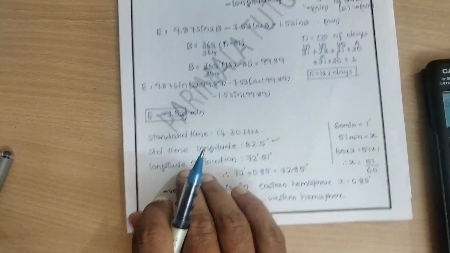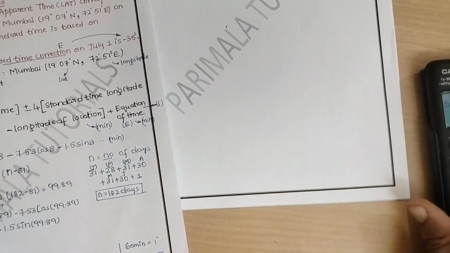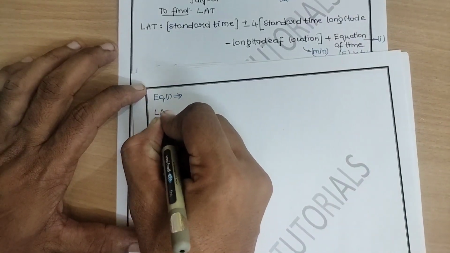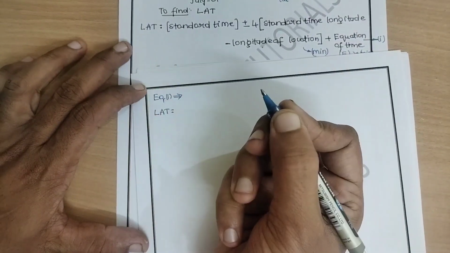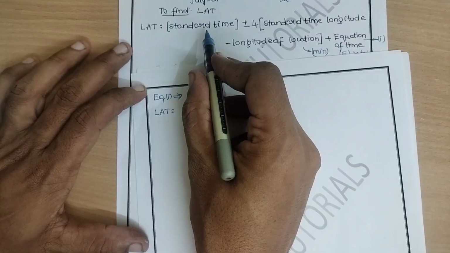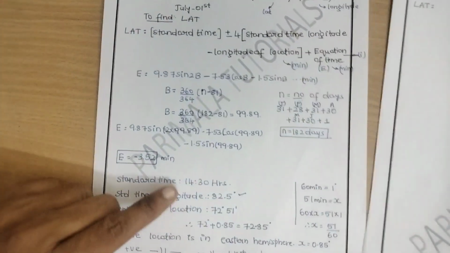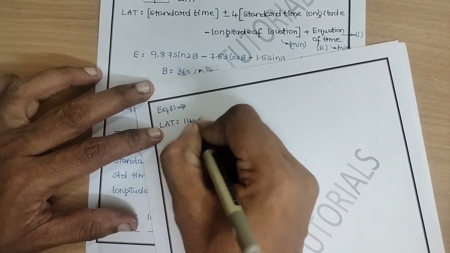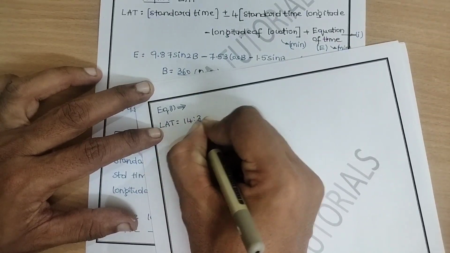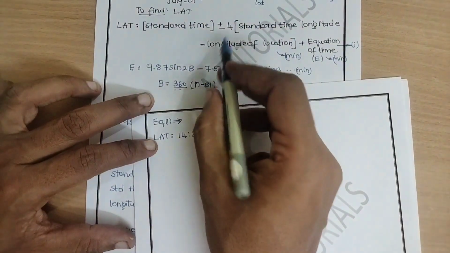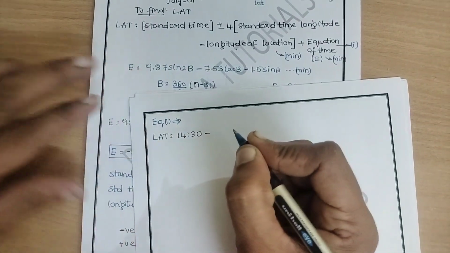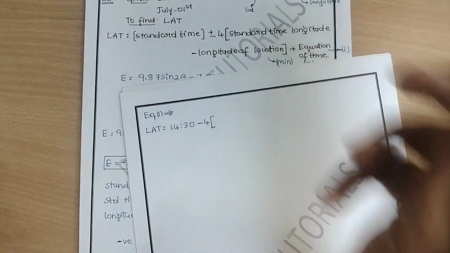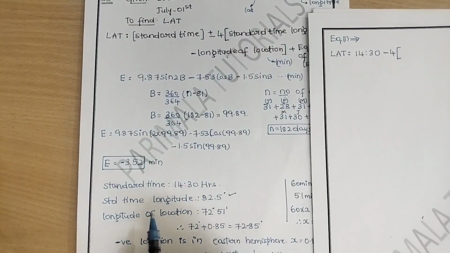Now, what happens to equation number 1? Equation 1 implies local apparent time is equal to standard time. What is the standard time? Already we have taken note of it. It is 1430 hours. I will write 1430 as it is. So plus or minus, I will go for negative. Next, 4 times the standard time longitude. What is the value of standard time longitude?